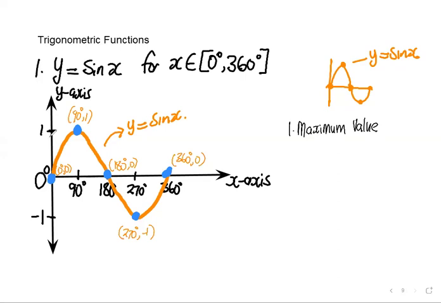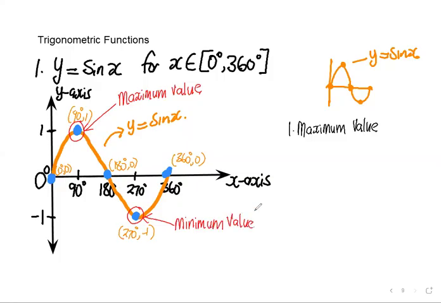This graph, let me show you something. This graph is maximum here. So this point here is always going to be your maximum value. This point here is always going to be your minimum value.